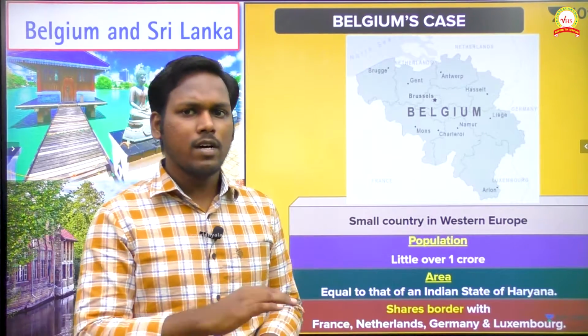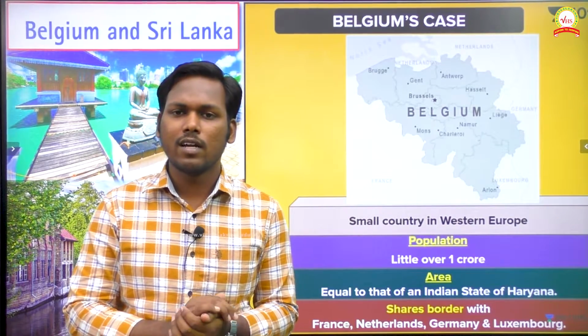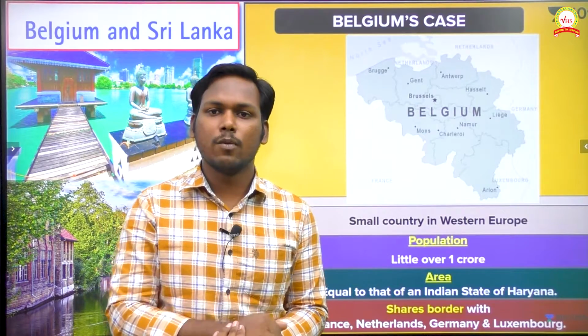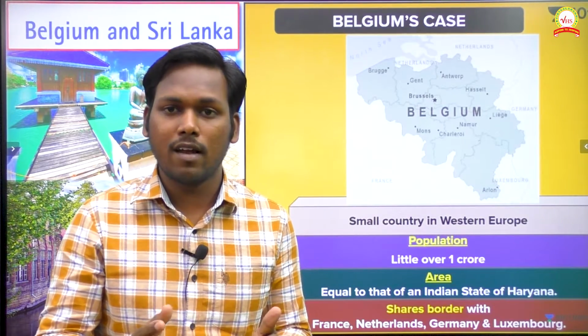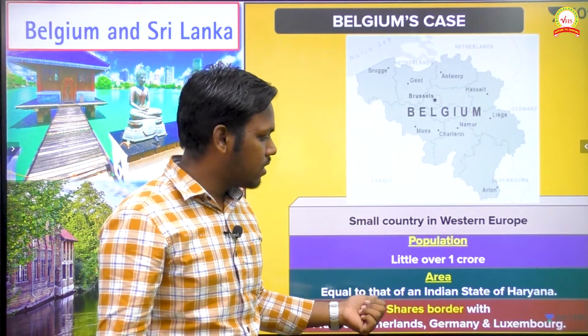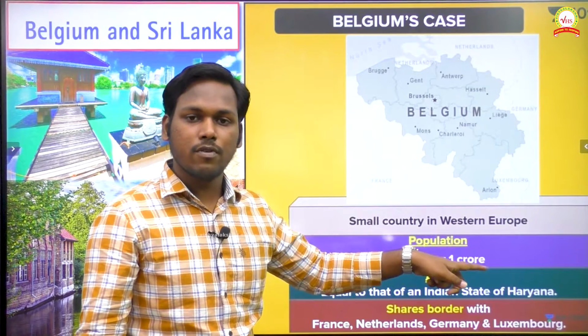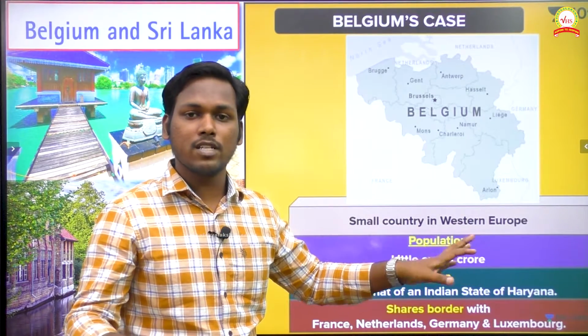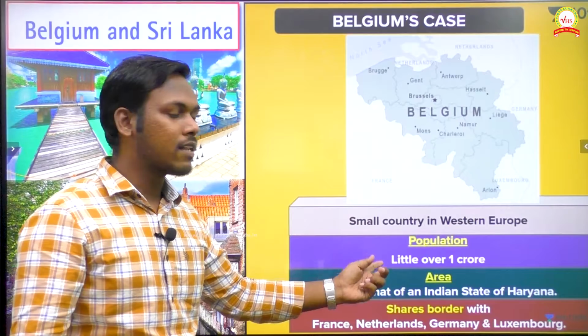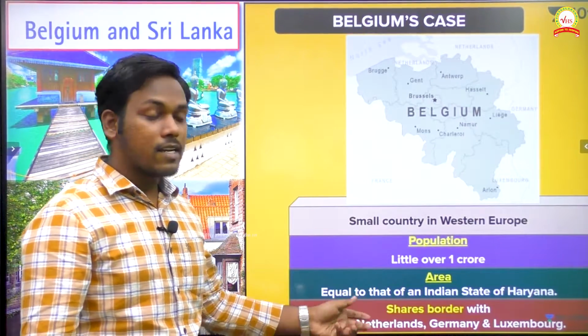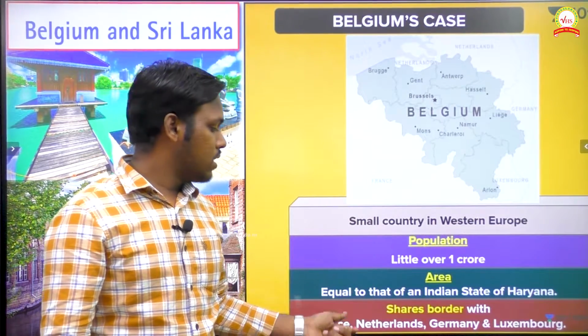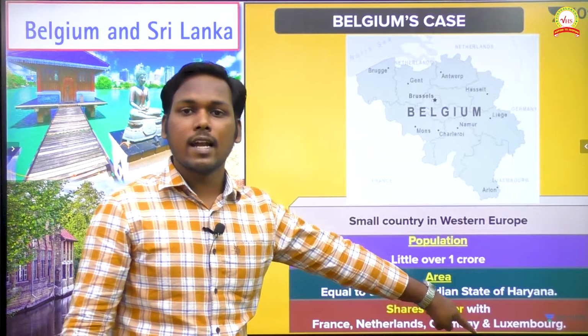You might have seen our Indian state Haryana, no? It is just adjacent to Jammu and Kashmir, and is very small in terms of area. Only the area is the same, and Belgium shares border with France, Netherlands, Germany and Luxembourg.